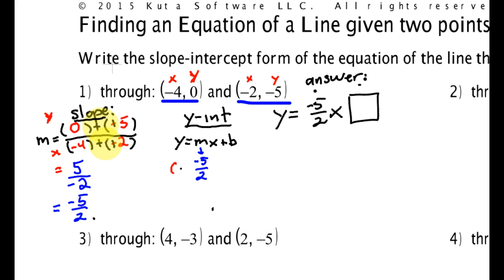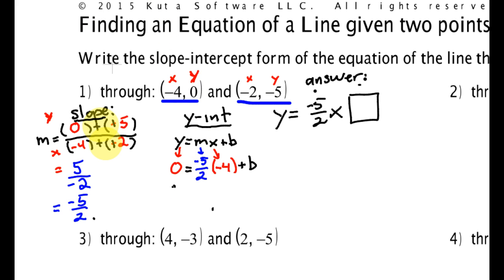So 0 and -4. Notice how up here it's -4, 0, but when you plug it in, it's reversed because it's y and then x. So it's kind of backwards here. And now solve it.